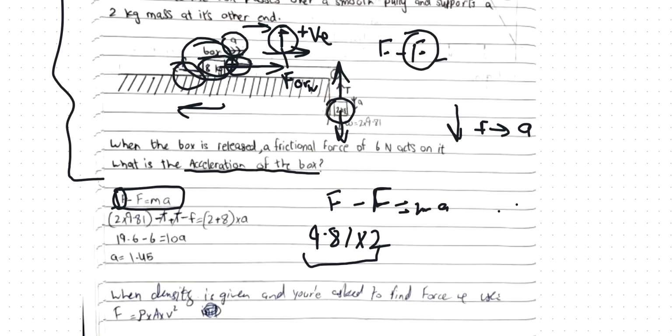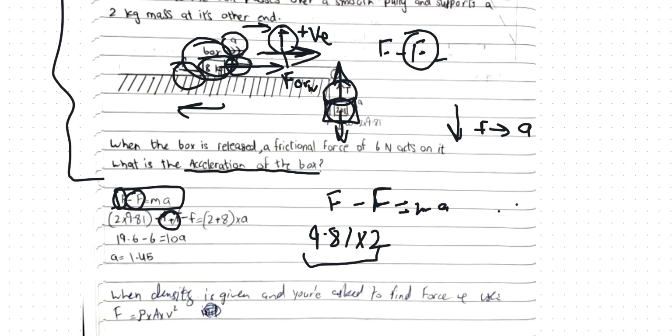So minus F in this case would be my tension in this rope right here, the tension due to this 2 kg box, plus the tension due to my box, the 8 kg box, because remember, that's the forward force.